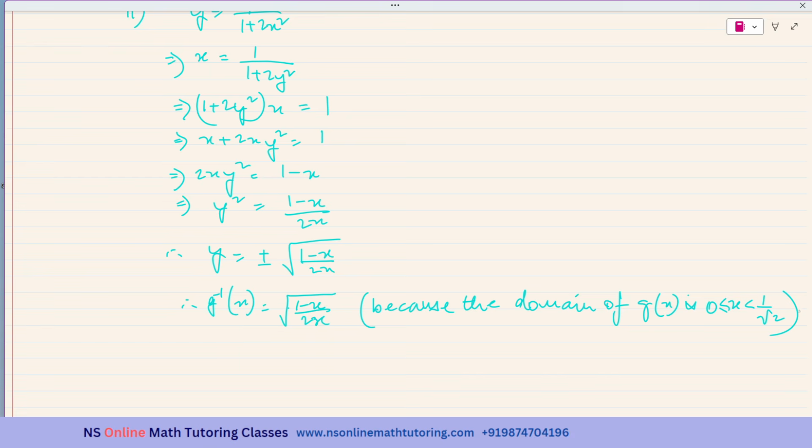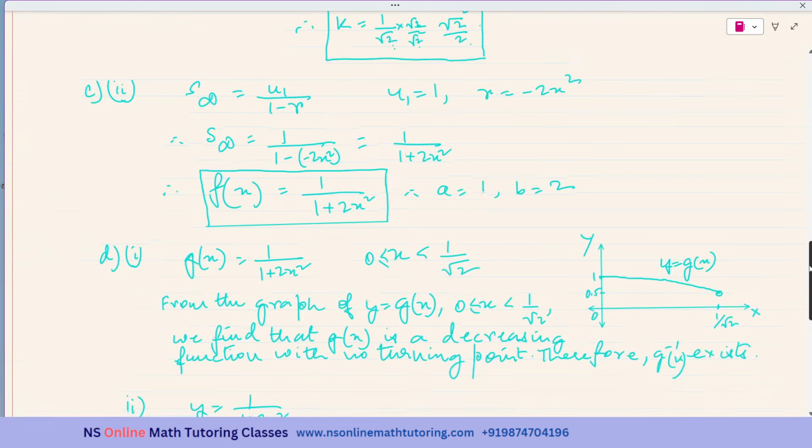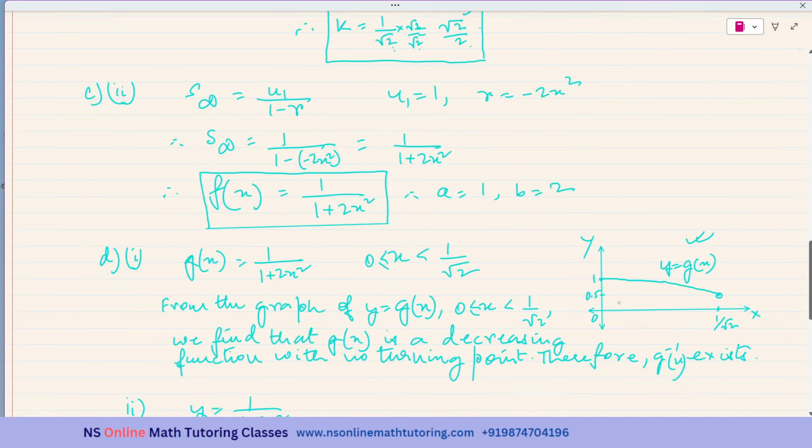So this is the expression for g inverse of x, and now we have to give the domain of g inverse of x. So the domain of g inverse of x will be equal to the range of g of x. And we have already drawn the graph of g of x, and we are seeing the range is between 0.5 to 1.